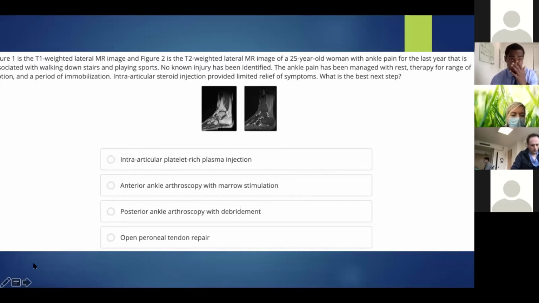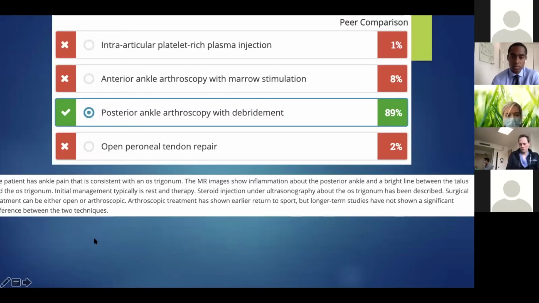All of these answers are leading you to the specific one that's right, and that's why these questions are vetted. That's why they're associated with walking downstairs, and we'll go over that a little later. The steroid injections provided limited relief, so we're talking about surgery, and that would be the posterior approach because of the os.